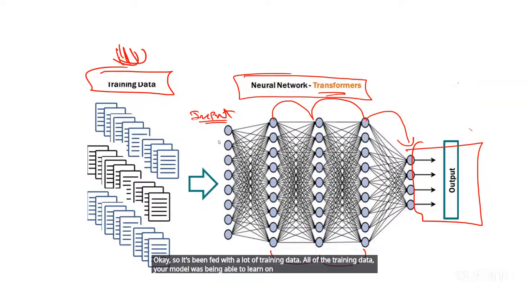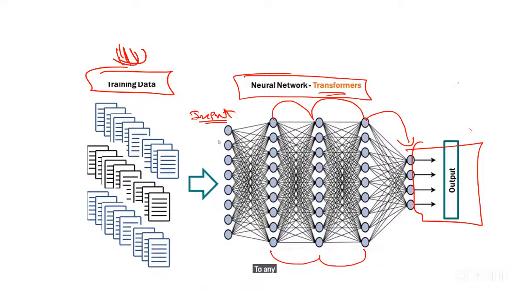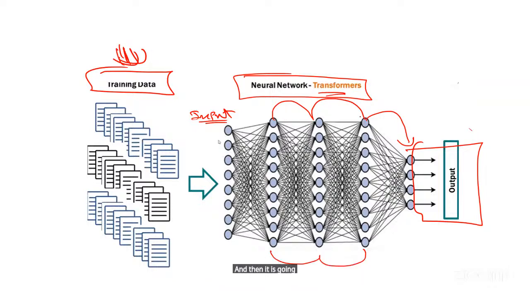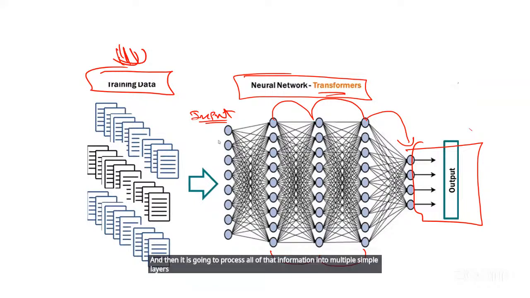After it has been trained, a user asks anything as an input to a tool like ChatGPT, Copilot, or Gemini. Whatever input you ask, it automatically takes that input into consideration and processes all of that information through multiple layers. Once the information has been processed through multiple layers, it goes to your output layer, where you see the response.